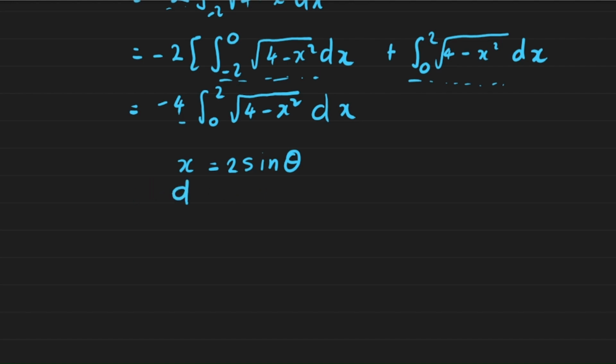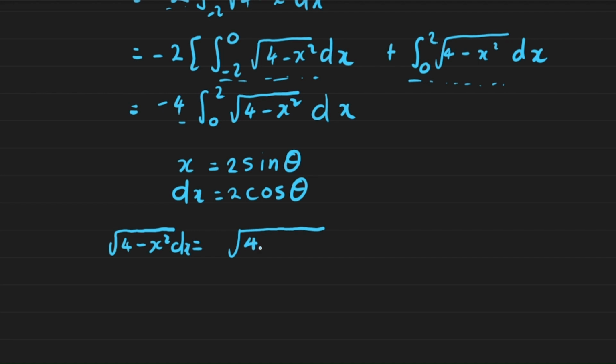Then differentiating this, we get dx is equal to 2 cos theta d theta. So if we just write down the term that's inside the integral, that is the square root of 4 minus x squared, and there's a dx as well. This is equal to the square root of 4 minus 4 sine squared theta, because of course the x squared, multiplied by dx, and dx is 2 cos theta d theta.